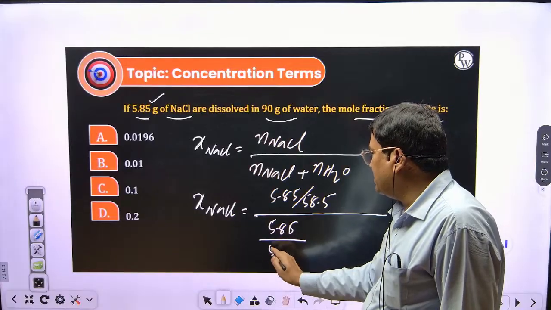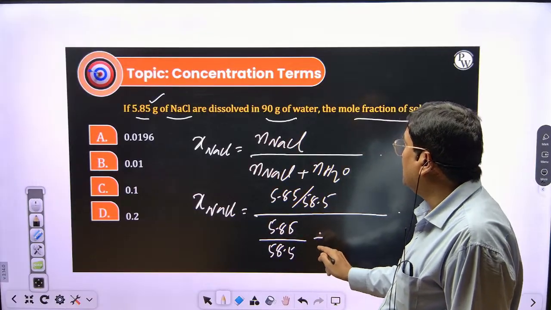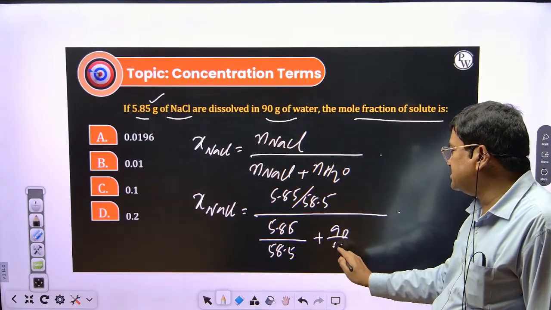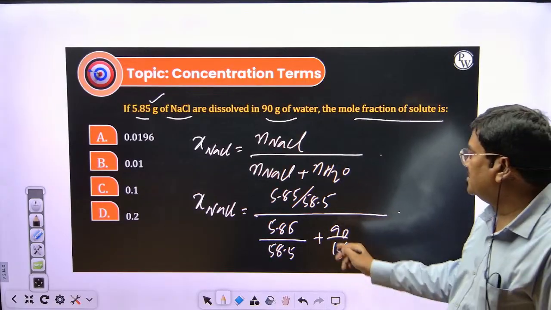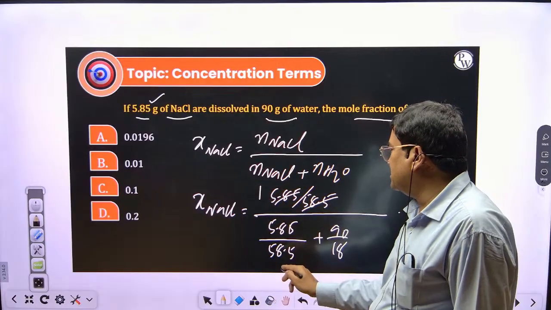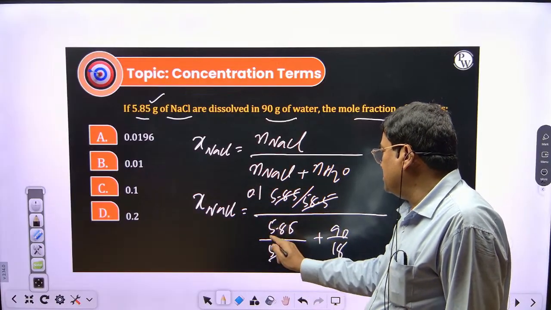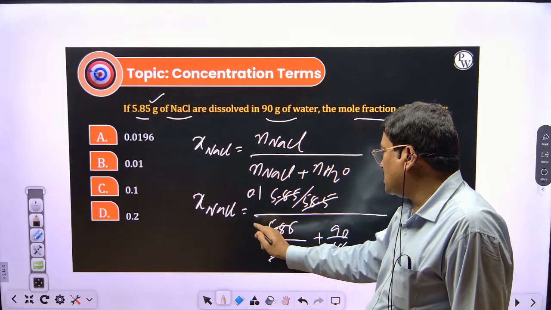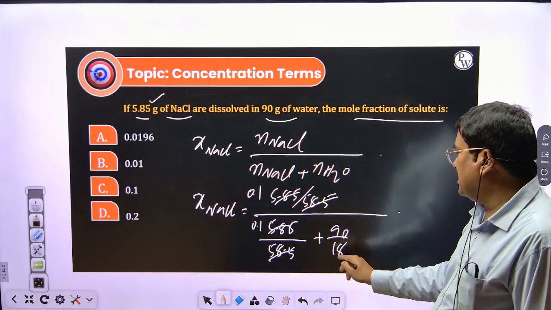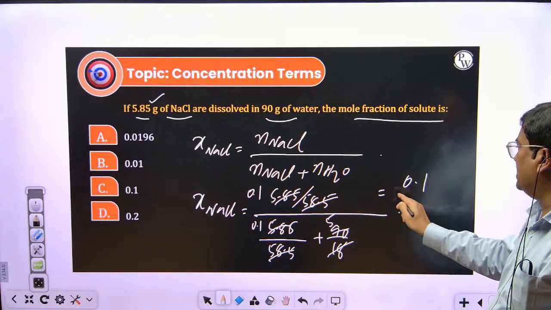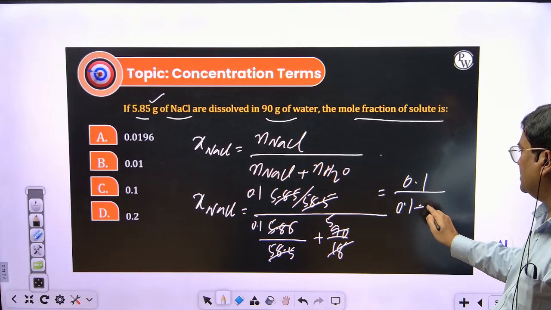Understood? 58.5, how do we get it? Algebraic sum. Then the mass of water given is 90, divided by the molar mass of water, 18. So these both will cancel now. 58 ones are. So this will be 0.1. Correct? And this will cancel, 18 will cancel by 5 times. So what should be the answer? 0.1 by 0.1 plus 5.